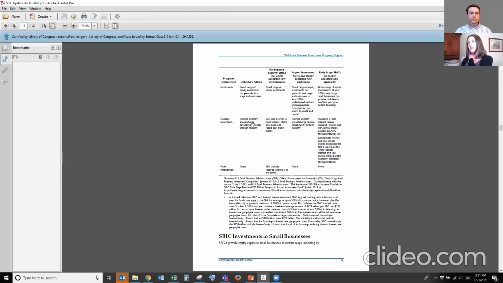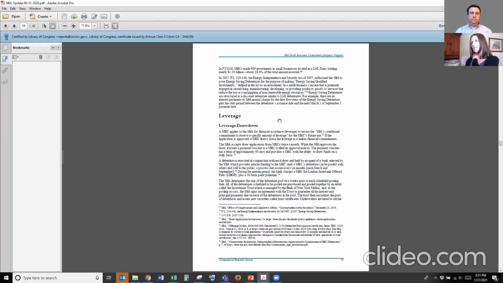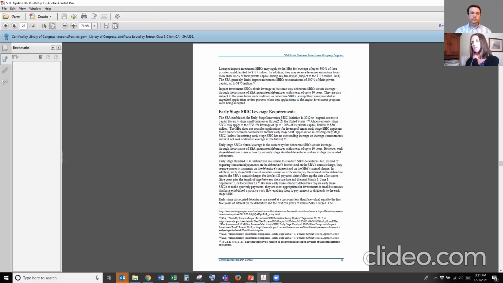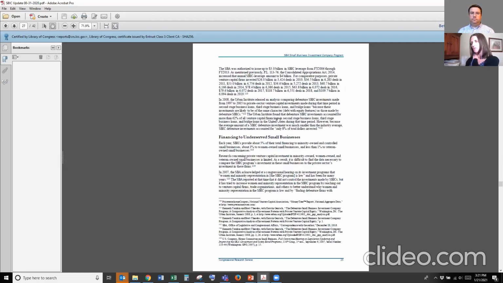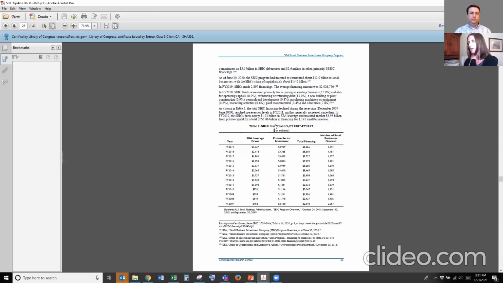Later on in the report, there are data points that they report on, and I just want to get to those. I think it was page 33. I know this was an interesting metric. These are the leverage draws that the SBIC funds are drawing down. You'll notice from fiscal year 18 to 19, it went down, and most likely went down a little bit in 2020.